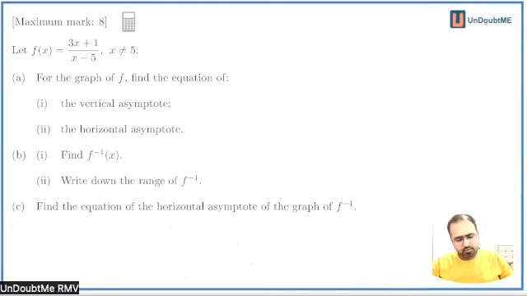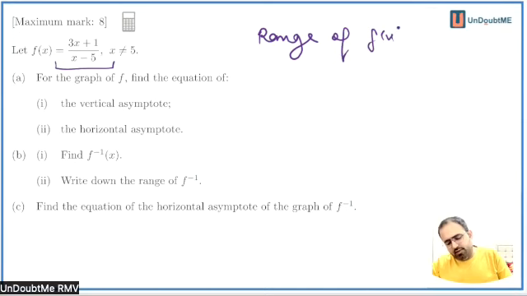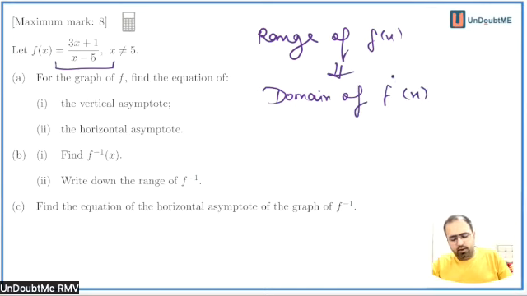Sir, I had a question. How do we find the range of the original f of x equation? The range of f(x). Yeah. The range of f(x) is the same as the domain of f inverse x. Okay. Right. But if I just had to find the range of that equation, then how would I find it?